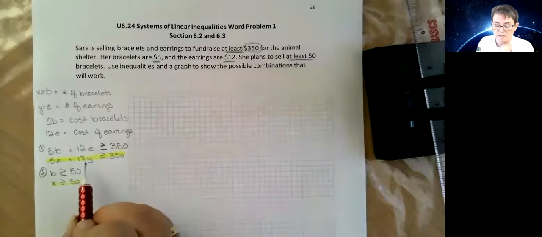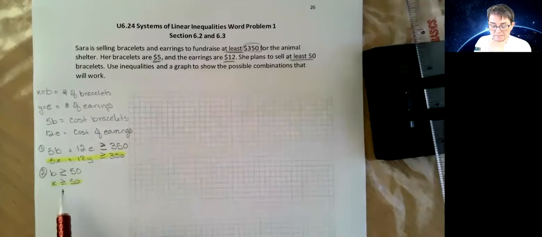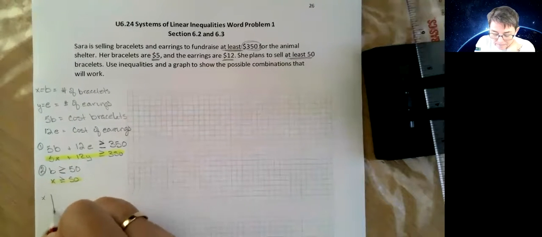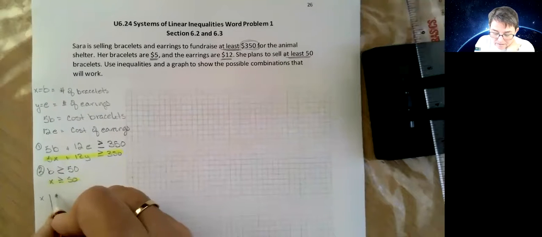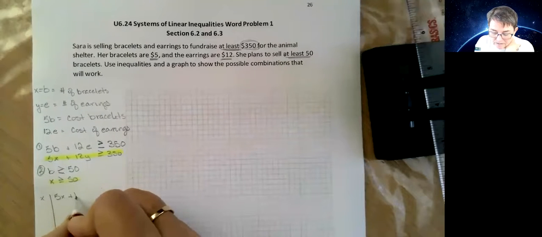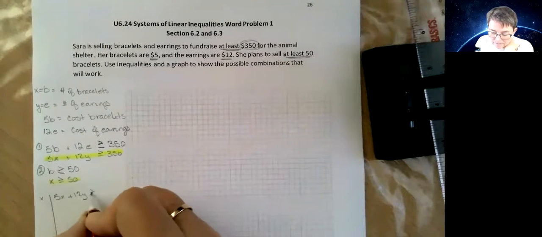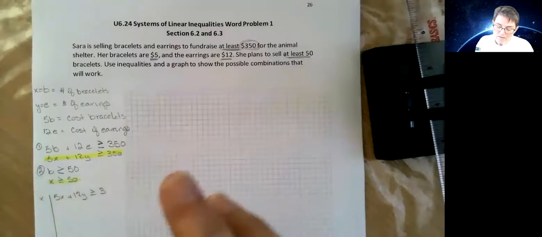So let's start with this one. It looks more complicated, but remember that I need to make sure I've got 50 on here. All right, so 5x plus 12y.